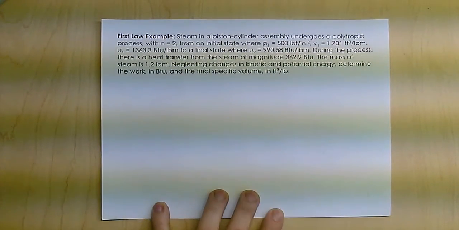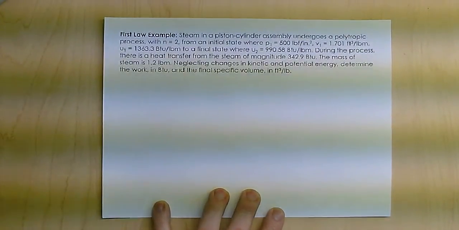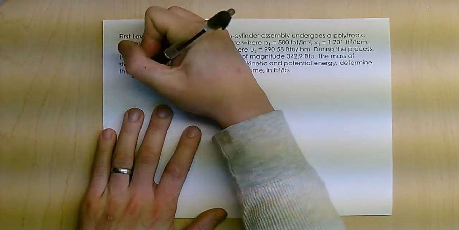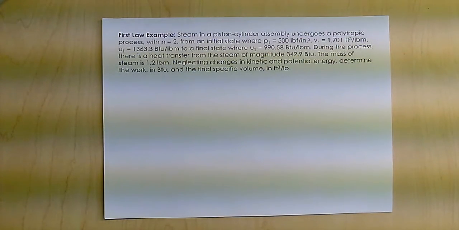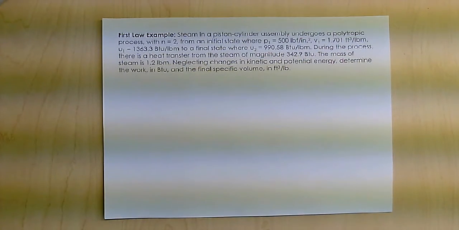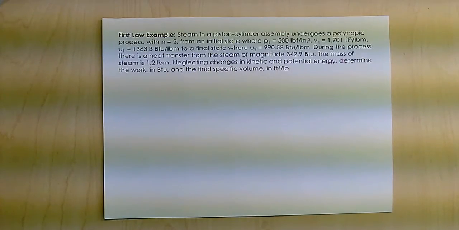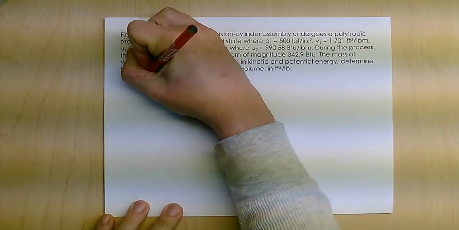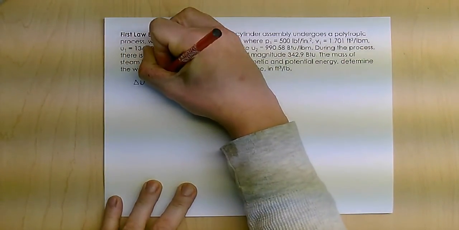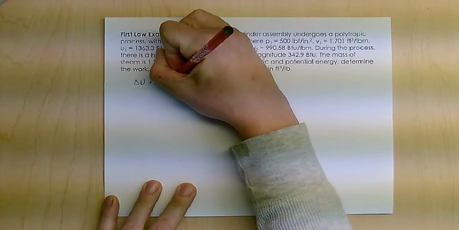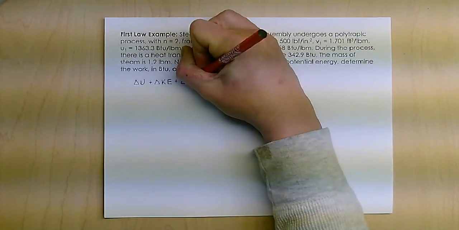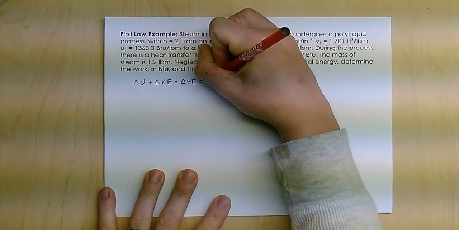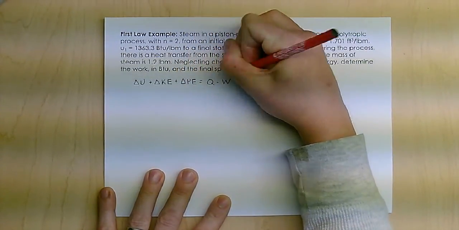So we'll start by applying our first law equation, which is the change in internal energy, delta U, plus the change in kinetic energy plus the change in potential energy equals the heat in minus the work out.